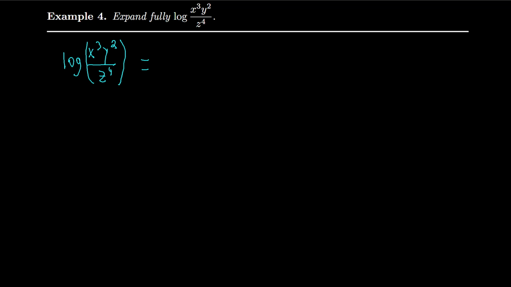So the biggest thing that I see here is that big division, so we're going to deal with that first. So it's the log of x cubed y to the second. Make sure to put it in parentheses because it's more than one thing. Minus, because a division is turned into a subtraction. That's your second property. The log of z to the fourth. And I'm going to put it in parentheses just so I don't lose track of anything.